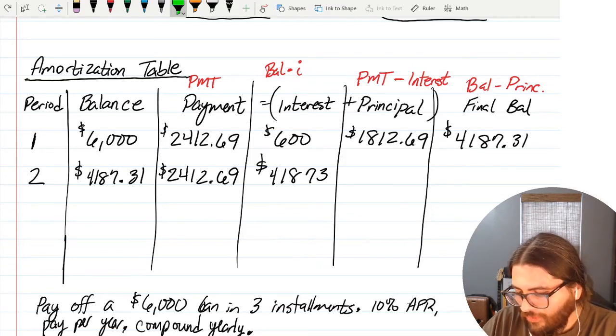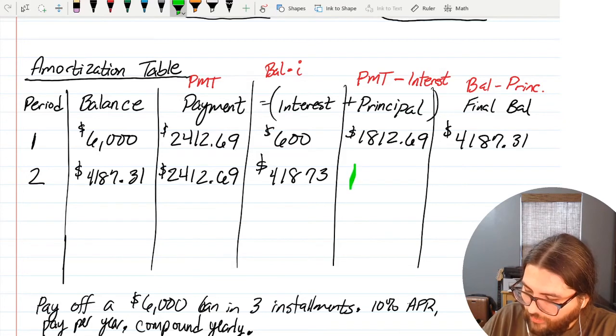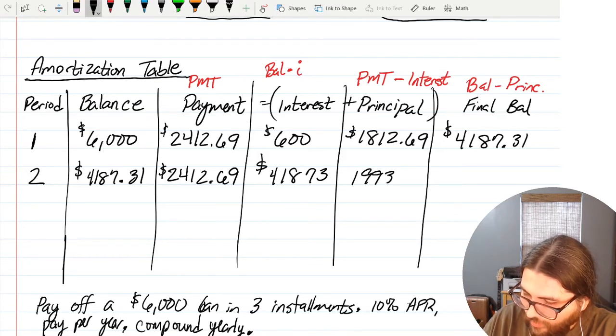Let me take my payment, 241269, minus my interest payment, 41873. Subtract those two, and I get $1,993.96.